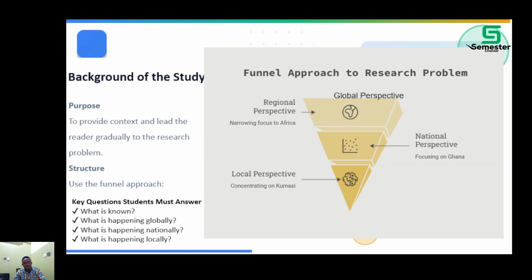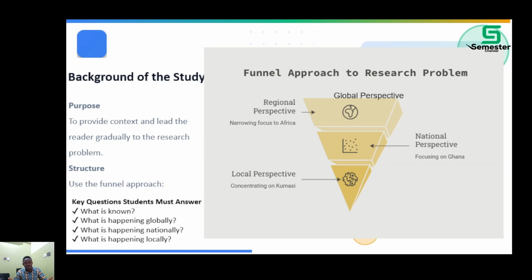The structure is very simple. It should follow the funnel approach, where we look at the global perspective. In your background, I am supposed to see the global picture. If you are working on any condition at all, we expect that you have the global picture. What is the information on that particular topic globally? You can look at estimates.